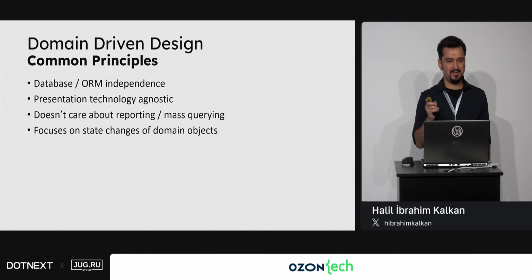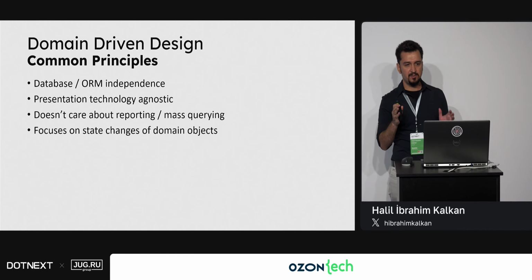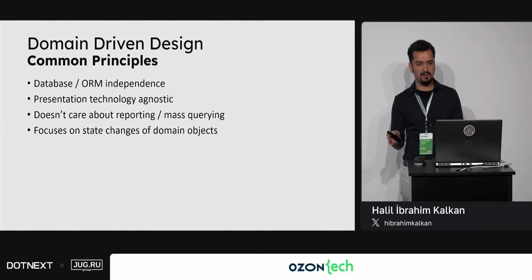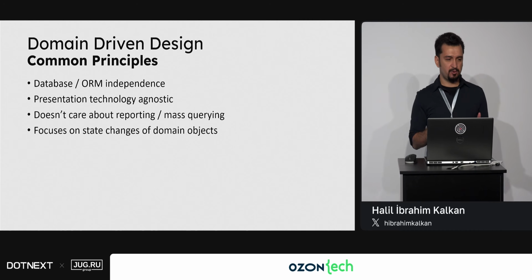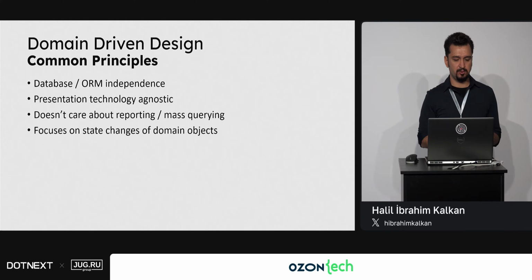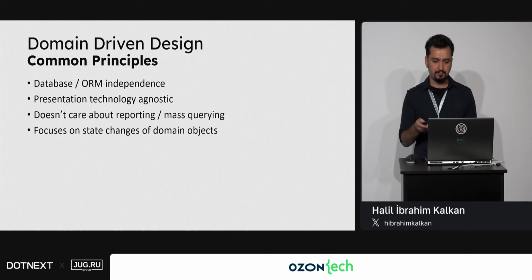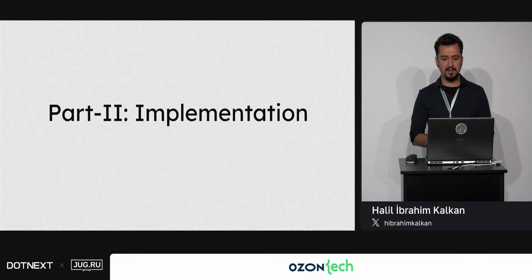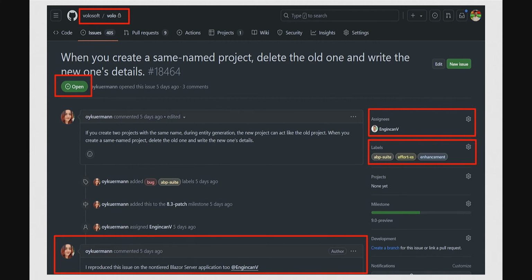It focuses on state changes of the domain objects. That means if some change happens on your entities or database tables, it focuses on how to implement the rules for it. The reporting part is not part of DDD. Okay, let's start with the implementation part, how to implement these patterns or principles.